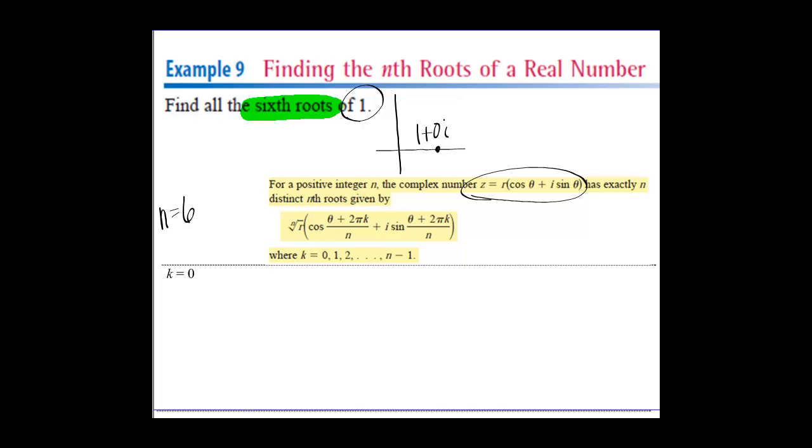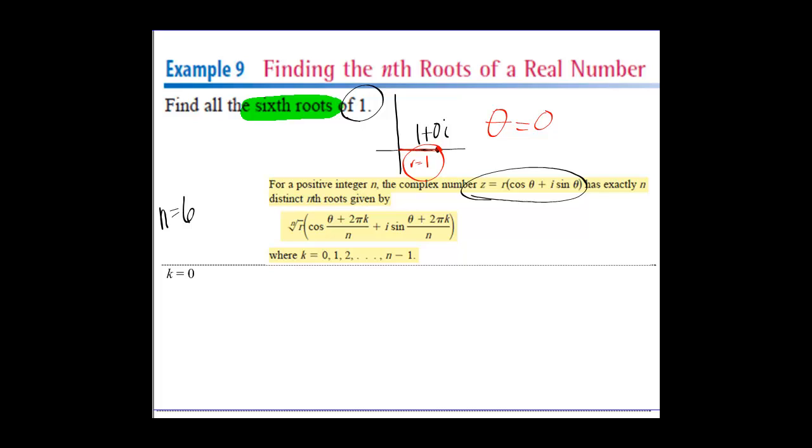In order to get it into trig form, we first need to know our r value. Well, our r value is just 1. We also need to know theta. It's on the real number axis, so theta must be 0. To apply this formula, we need to apply it a total of 6 times, for k equals 0, 1, 2, all the way up to n minus 1.